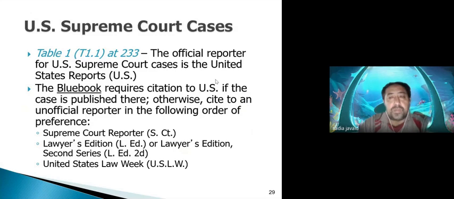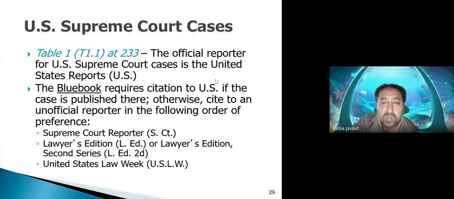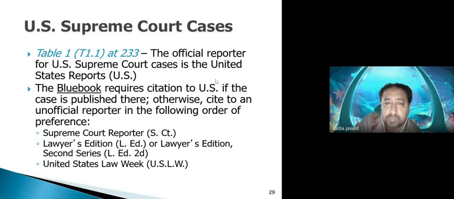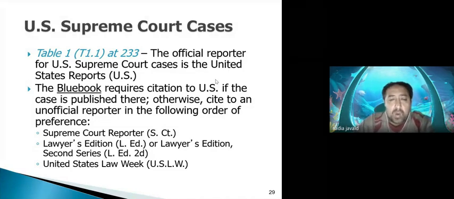So, US Supreme Court cases. The official reporter for US Supreme Court cases is United States Reports. It means that whatever the case and decision has been finalized, it becomes law for them.